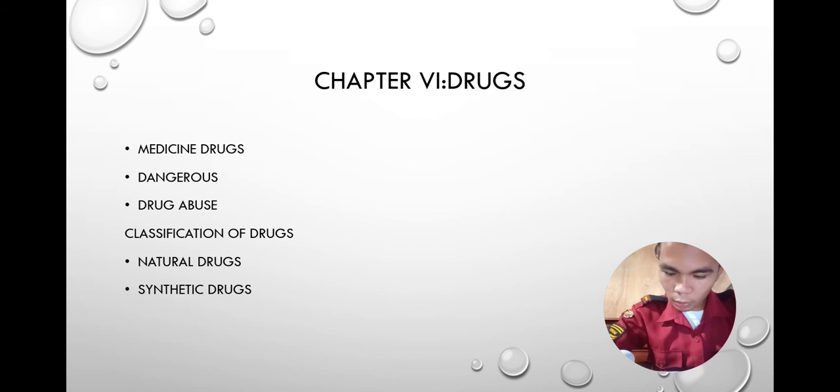What are considered dangerous drugs? A dangerous drug is a substance affecting the central nervous system which, when taken into the human body, brings about physical, emotional or behavioral changes in a person. It alters mood, perceptions, feelings, and behavior.